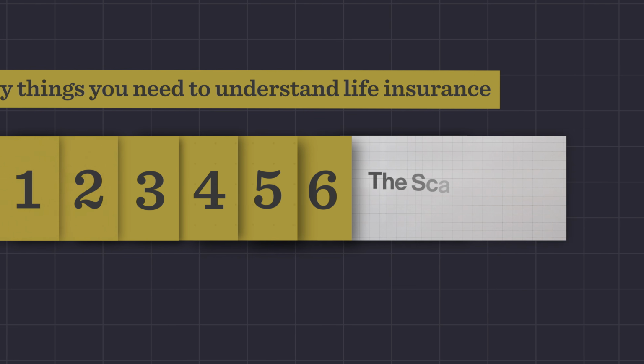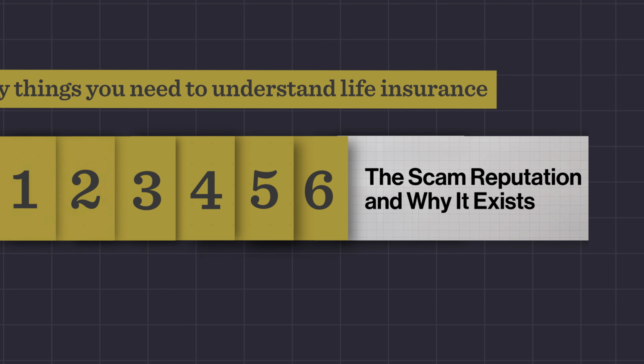The most common objection I hear about life insurance is that it's a scam. And I don't think the objection is wrong. I think that it's just pointed at the wrong thing. I see consumers claim that life insurance is a scam. But when I talk to those individuals, it's usually because they were sold a bad policy. There's a lot of agents that sell life insurance that don't fully understand the product.